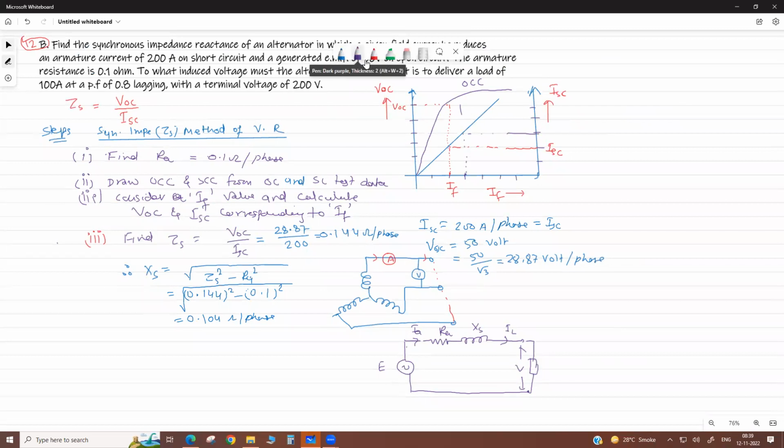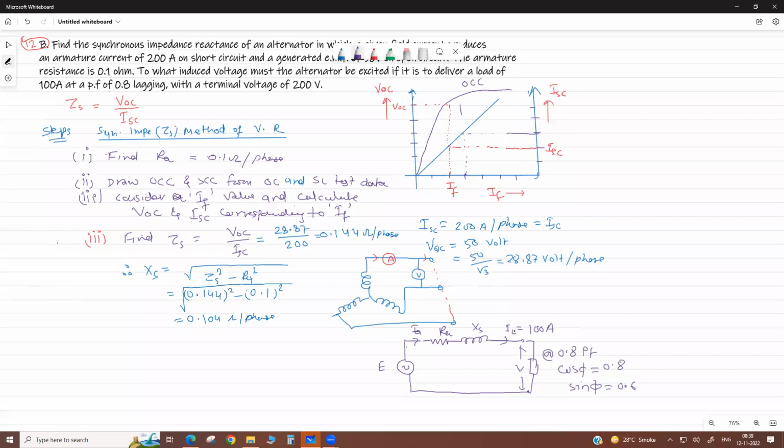What is the load current given here? 100 ampere at 0.8 power factor, meaning cos phi is given 0.8. Then we can calculate sin phi also. Your sin phi will be 0.6, okay?